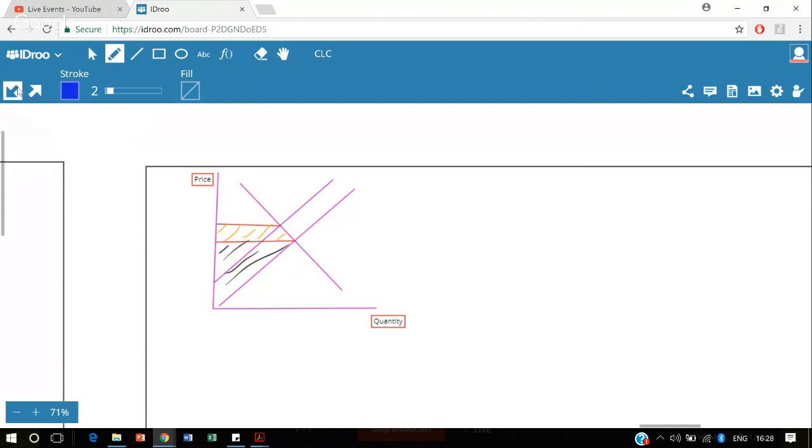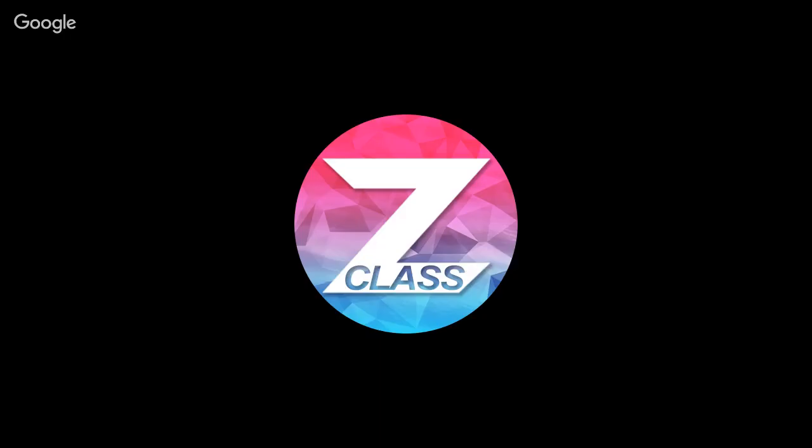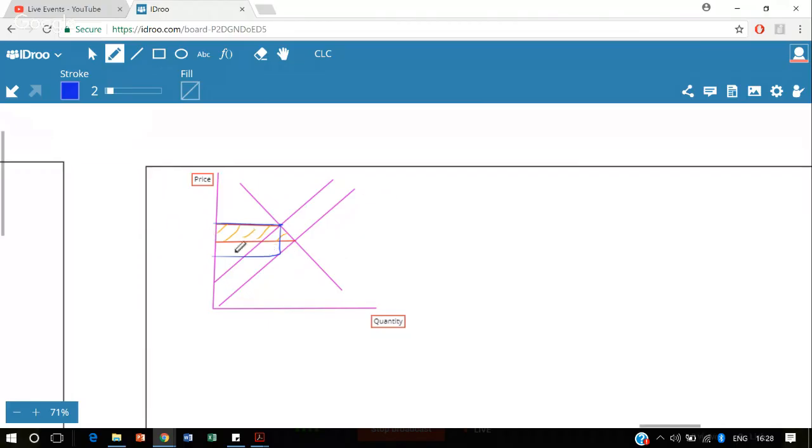Let's simplify our diagram a little bit, get rid of some of these lines. Okay, so this is the new quantity. We've established that. We know this is the amount of the tax. So this is going to be the tax revenue. Yeah. And so then if that is all tax revenue, where do you think the producer surplus is going to be?